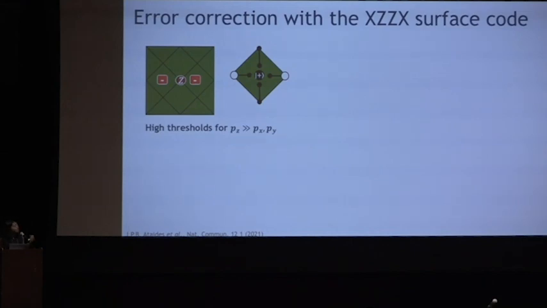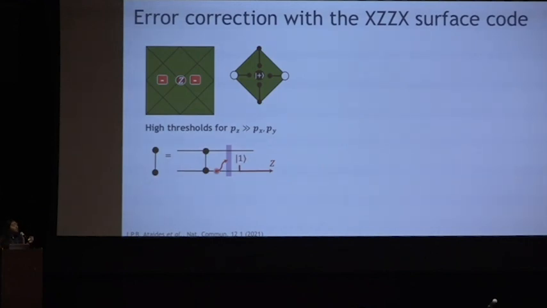It creates a -1 stabilizer outcome. And when we look at how that manifests for a control Z gate, we see that this Z error creates these two horizontal defect outcomes, which we can then pair together for error correction, leading to higher thresholds for biased noise, where Z noise dominates over X and Y errors.